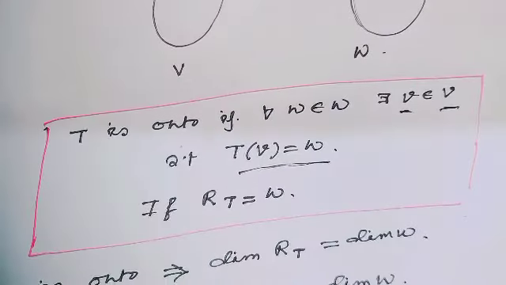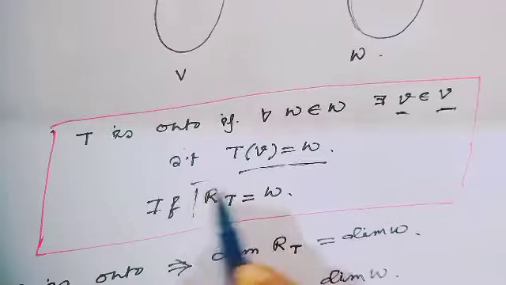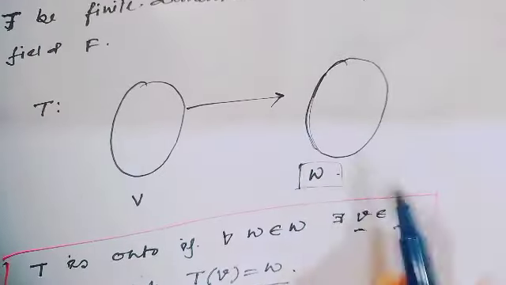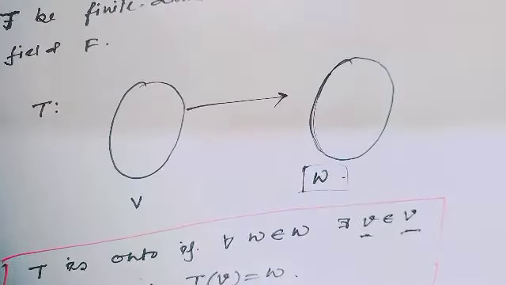Well, now I will say similarly the rule to determine whether a linear transformation is onto. Onto means, as all of us know, the range T equals W. Then this transformation is onto.